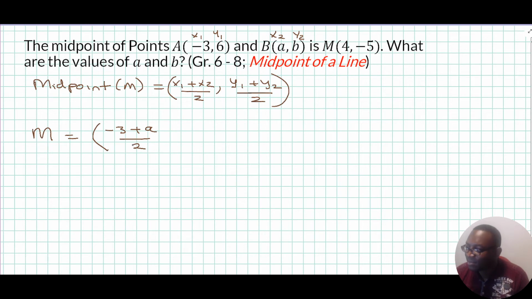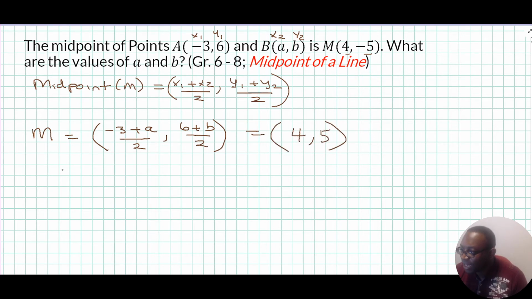And then we have 6 plus b over 2. So now this is what the midpoint is going to be. These are the coordinates of the midpoint. But here's what we're told those values should be. So here we're saying that this is actually equal to 4, -5.